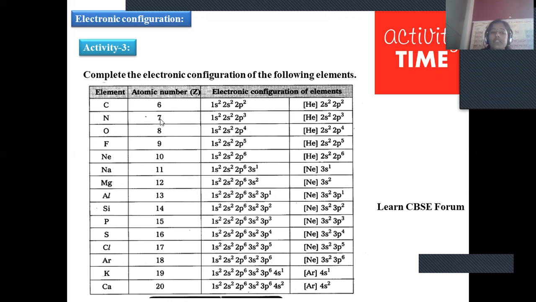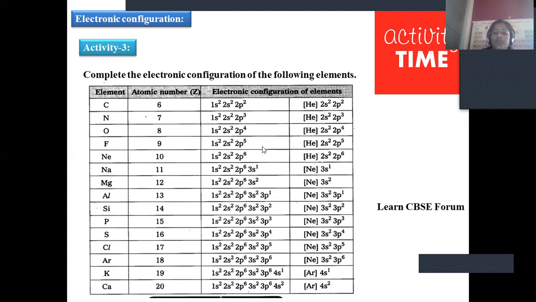For nitrogen, the atomic number is 7. How many electrons are there? 7. Now the 7 electrons are filled 1s2, 2s2, 2p3. You can replace 1s2 with helium, being the helium electronic configuration. Valence will be 2s2, 2p3. Oxygen, 1 more electron is added, atomic number 8, so it becomes 2p4.